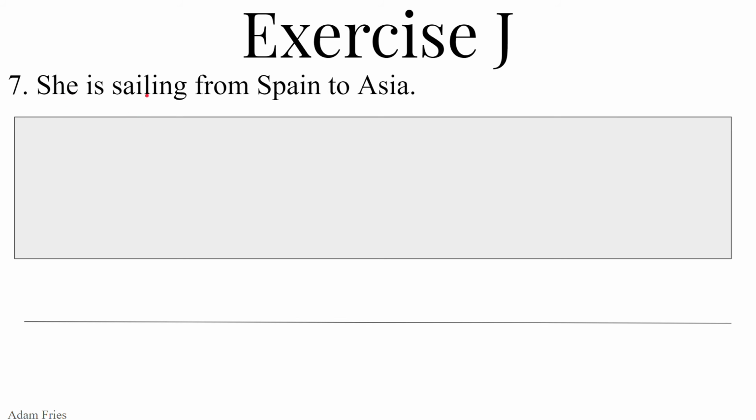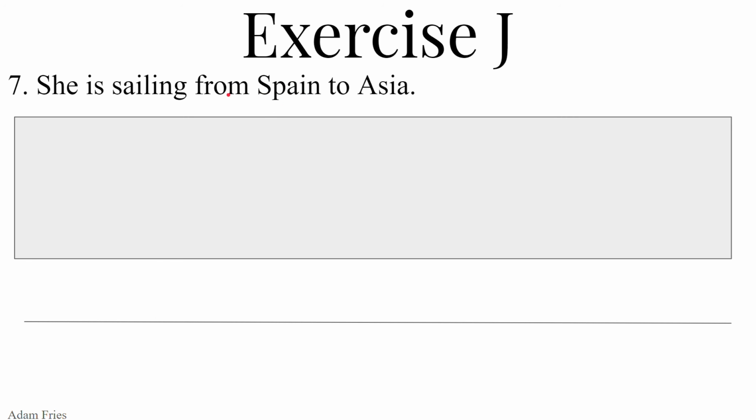She is sailing. So T ending, of navigo, navigare, navigavi, navigatus. So we have navigat. From, movement away from. This is the preposition ab plus the ablative of separation of Hispania, feminine, Spain. So ab Hispania.